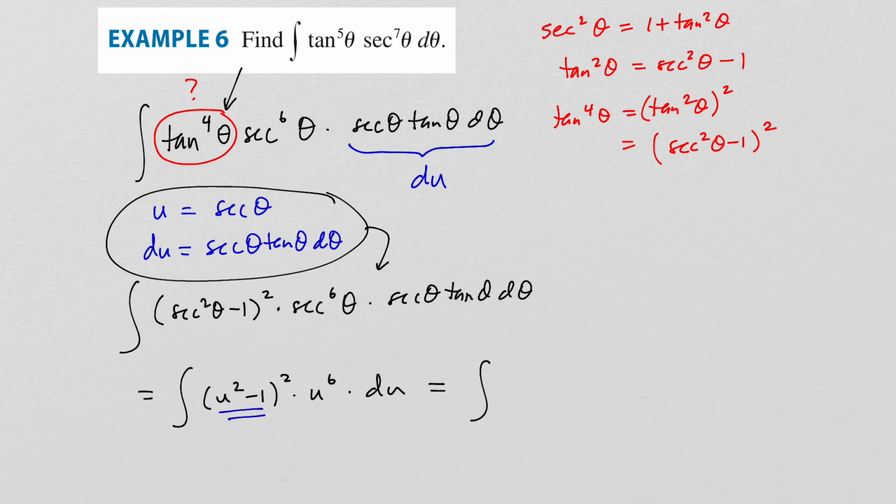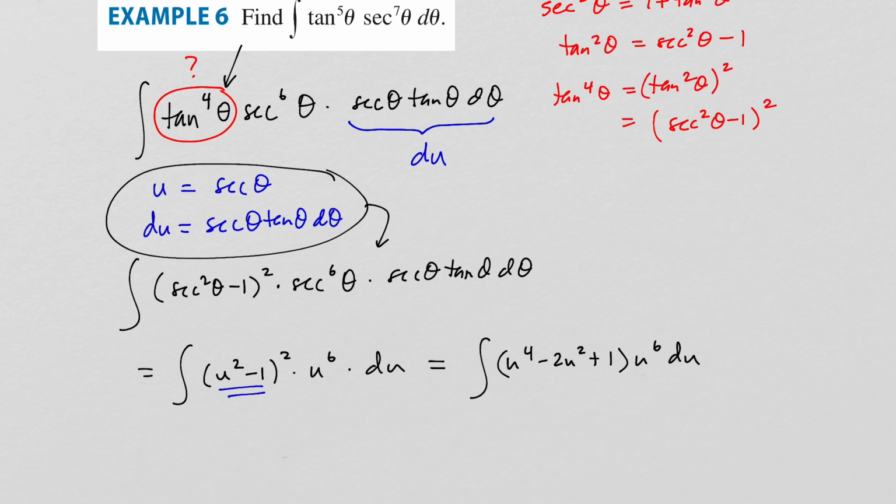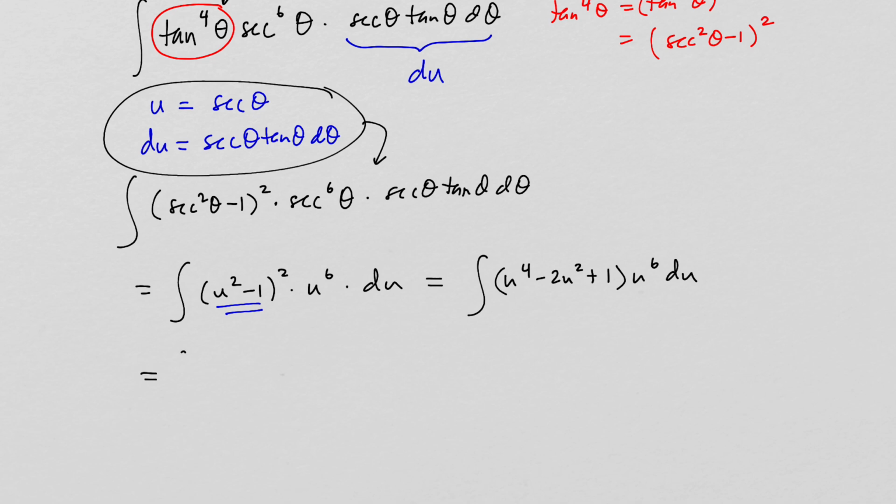So u squared minus 1, when you FOIL that to itself, you get u to the 4th minus 2u squared plus 1 times u to the 6th times du. And now we're going to distribute u to the 6th. That is going to give us u to the 10th minus 2u to the 8th plus u to the 6th du.